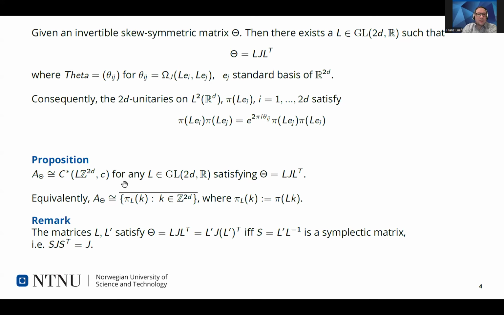So now this is this way of looking at it. This then leads us to, because of this co-cycle condition, that A_theta is the same as this twisted group C star algebra of this lattice L Z^2d with this co-cycle c, where this L really is the one that gives us a way to write theta as L J L transpose.